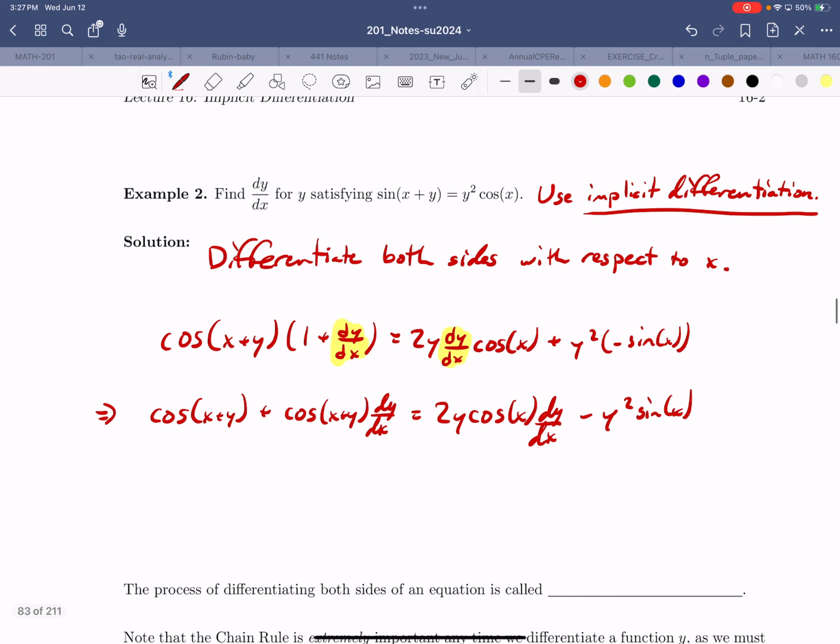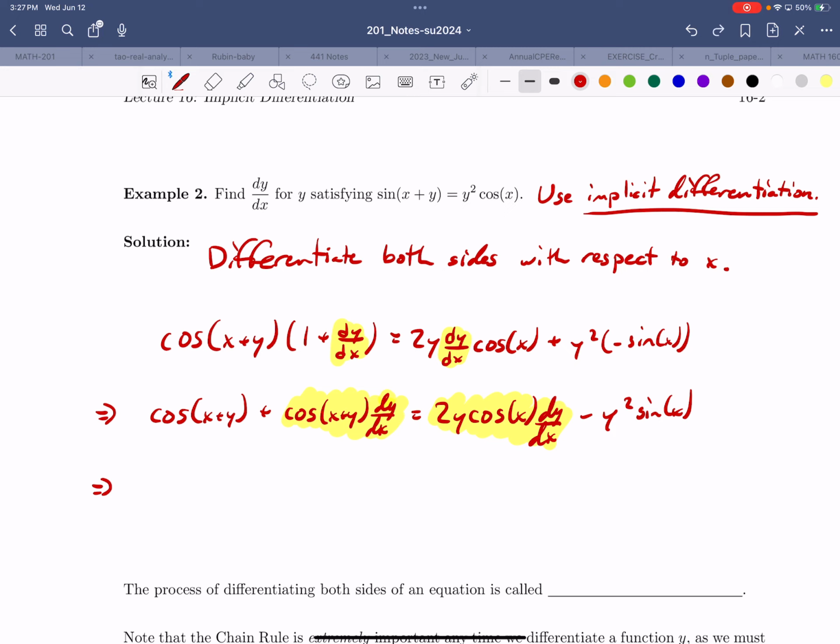Now at this point I want to put all the dy over dx terms on the left side and all the non-dy over dx terms on the right side. So I'll just subtract this over.